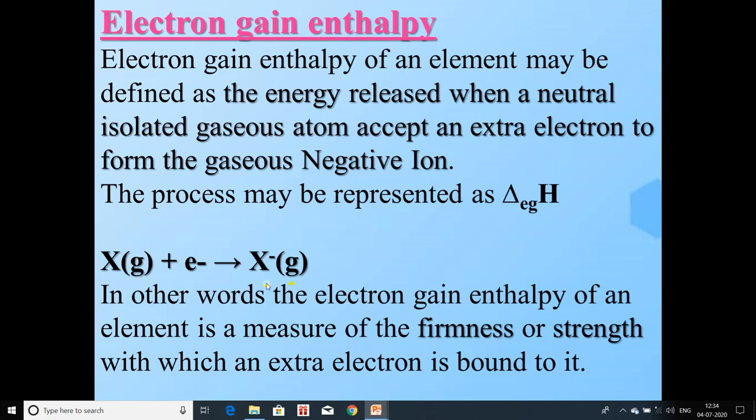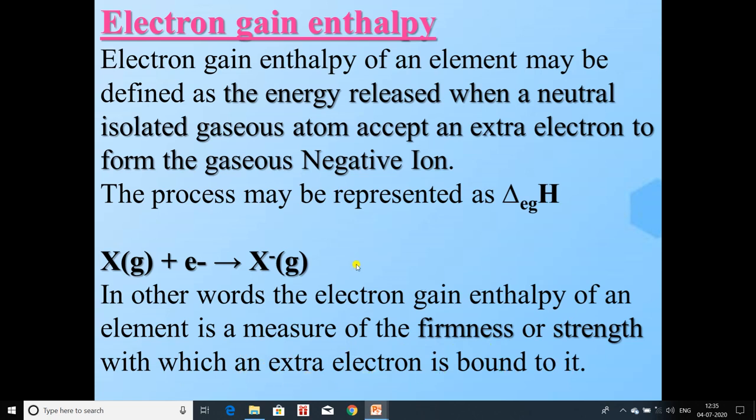Now this is the equation showing how an electron is added to an isolated gaseous atom. This is the isolated gaseous atom, and here is the addition of an electron. When this atom accepts one electron, it will convert into a negatively charged ion, X negative. In other words, the electron gain enthalpy of an element is a measure of the firmness or strength with which an extra electron is bound to it.